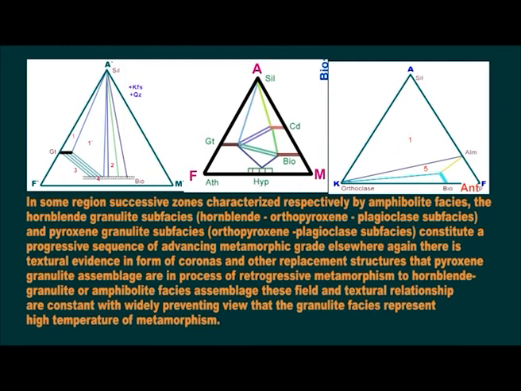Elsewhere, again there is textural evidence in the form of corona and other replacement structures that pyroxene granulite assemblages are in process of retrogressive metamorphism to hornblende granulites or amphibolite facies assemblages.